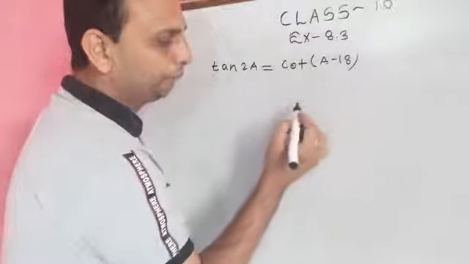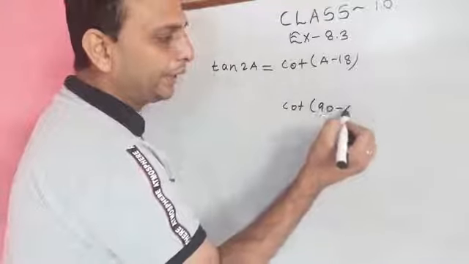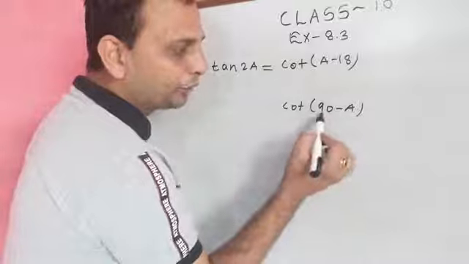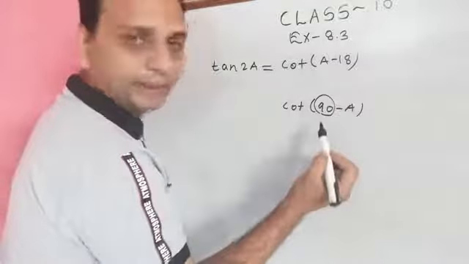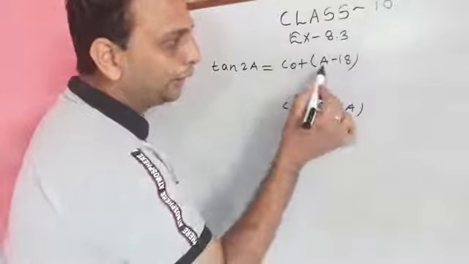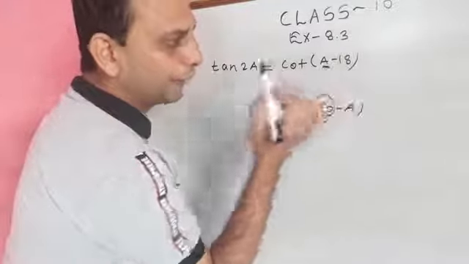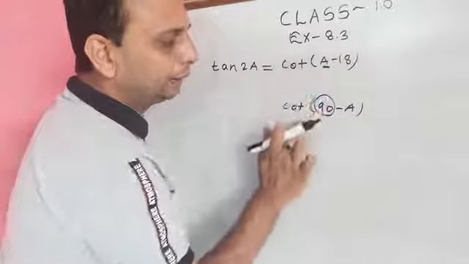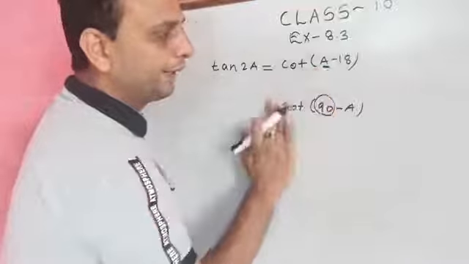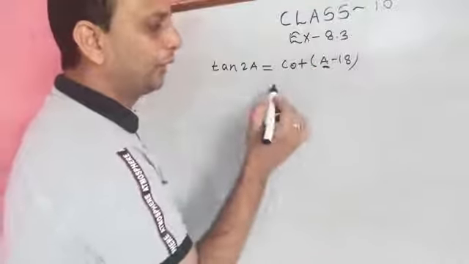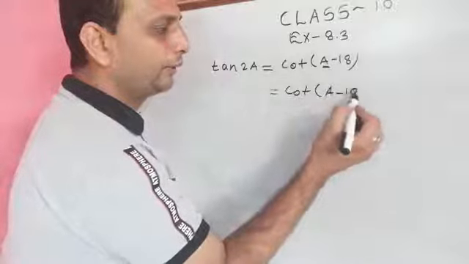So we can't apply this formula here, because it should be subtracted from 90, then only we can apply. So we can write here as it is cot (A minus 18).